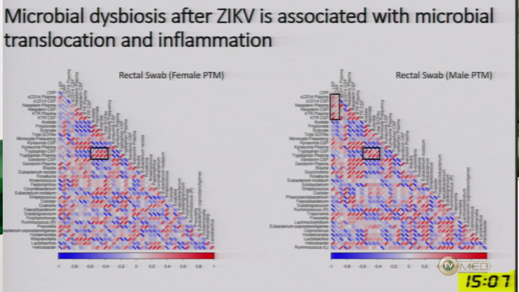But finally, and I know this is a crazy busy plot, and I'm not going to go through each one of these and try to have you understand, but I think this gives a good overall idea. So what we do here, and this is fun, we like to do this in a lot of studies where we have multiple data sets, is we actually take these different measures. So on here you have things like the CRP, soluble CD14, neopterin, the kynurenine-tryptophan ratio, our short-chain fatty acids, acetate, propionate, butyrate, and all of these different markers, and then we put them versus the different bacteria that are altered.